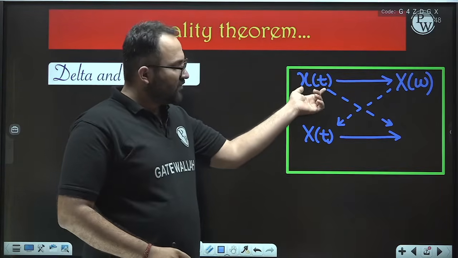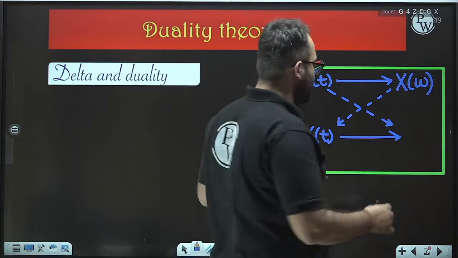In this time domain expression, we will replace t by minus omega.